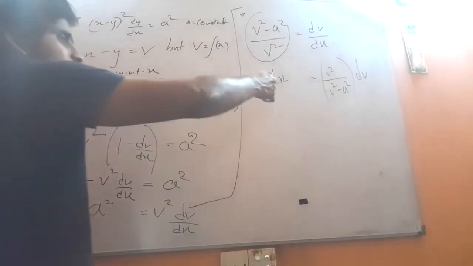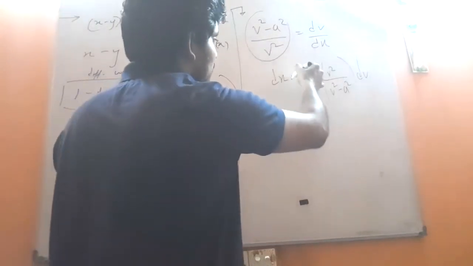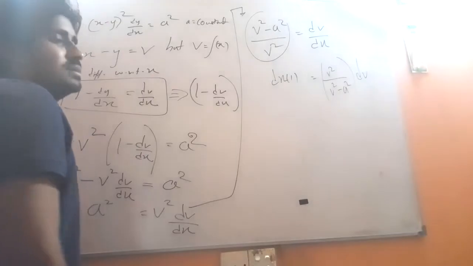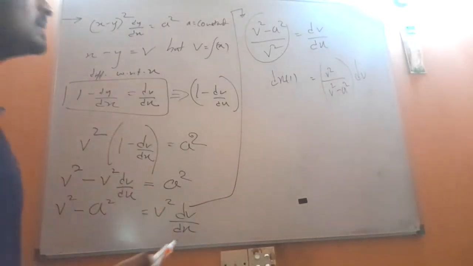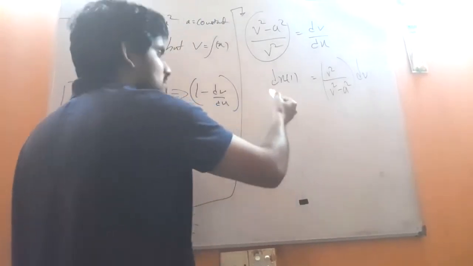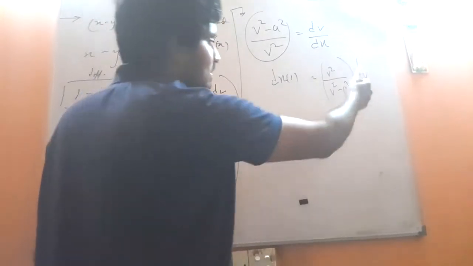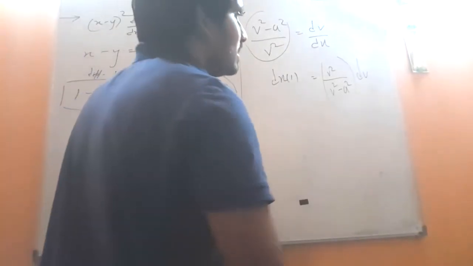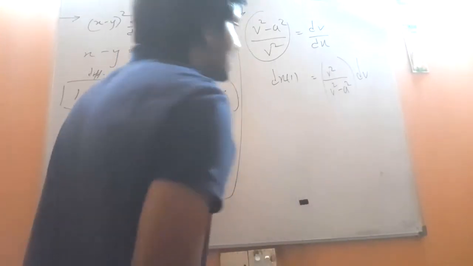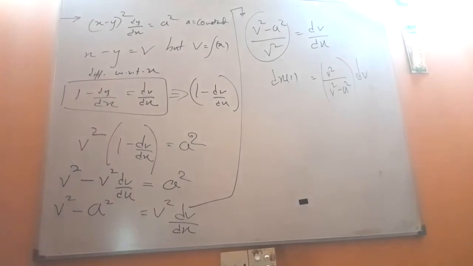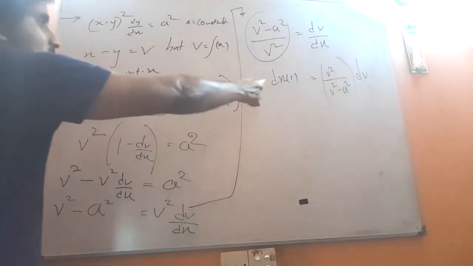Even though there is nothing, one is there, so let's say that is also like a function. Yes, so now it is according to the variable separable format: dx times a function of x and dv times a function of v, because v terms are there, right? Okay, so now we have something like that.